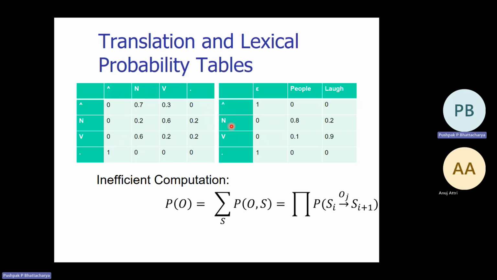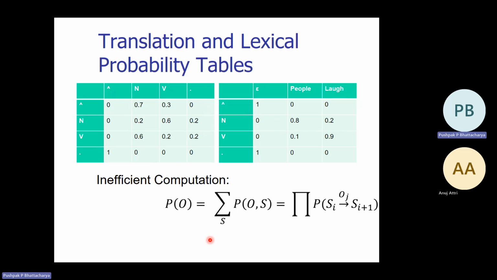So from noun state, you cannot see an epsilon, 0. People being a noun, probability is 0.8. Laugh being a noun, 20%. People being a verb is 10%. Laugh being a verb 90%. Okay, that is according to the property of the language and the rest of the rows.